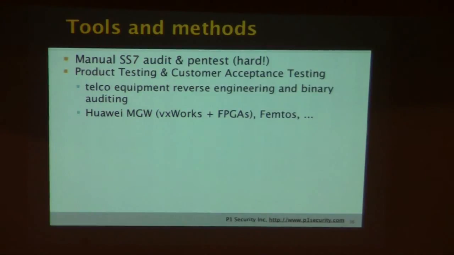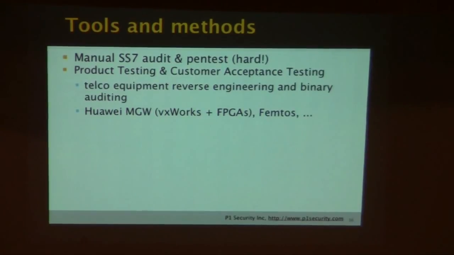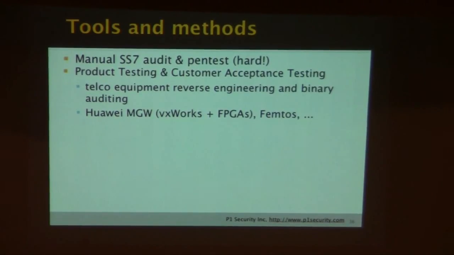Now, doing that on the SS7 level itself is very hard. Most of the time you don't have access to the SS7 stack, which are closed source. There's one thing called OpenSS7, which is supposed to be an open SS7 stack. It's a mess. If you start to work with this, it's going to be a problem.